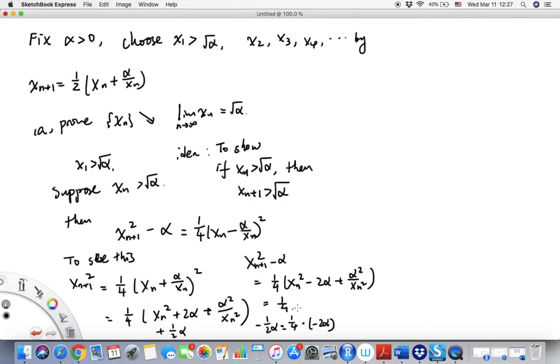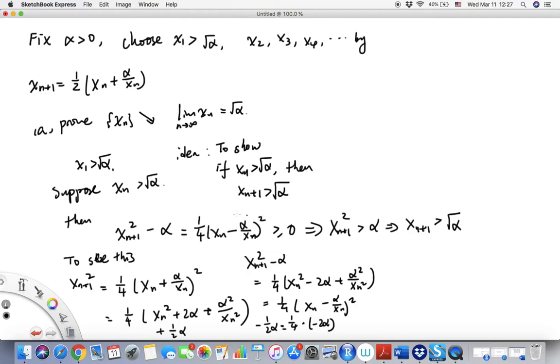Okay, and then you realize this is 1 over 4 xn minus alpha over xn, squared. Okay, so it's something squared, therefore it's always greater than or equal to 0, so that shows xn plus 1 squared minus alpha is positive or non-negative, which implies xn plus 1 is greater than square root of alpha.